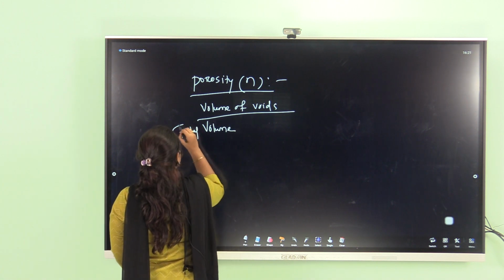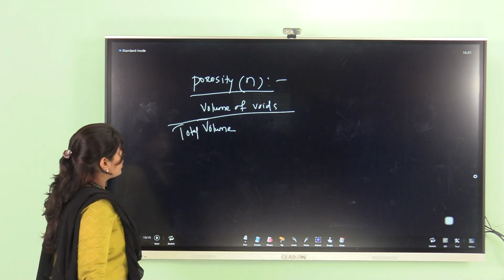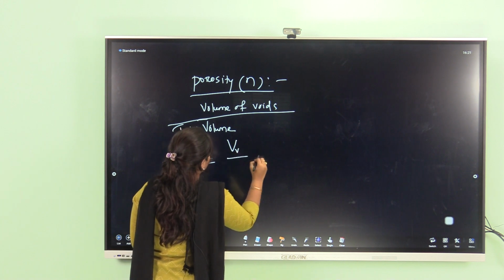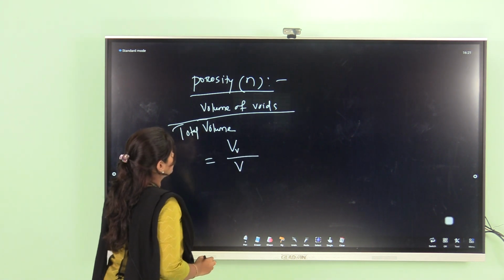Okay. Volume of voids upon total volume, we can write it as Vv by V, capital V.